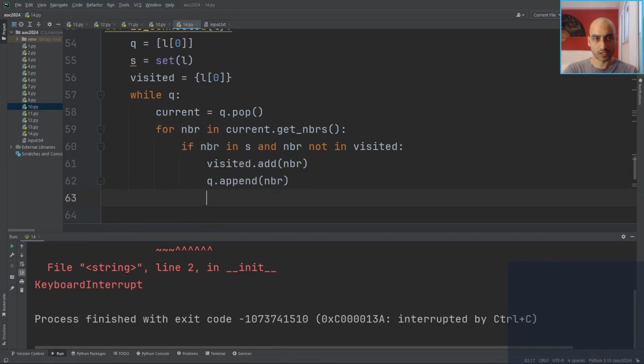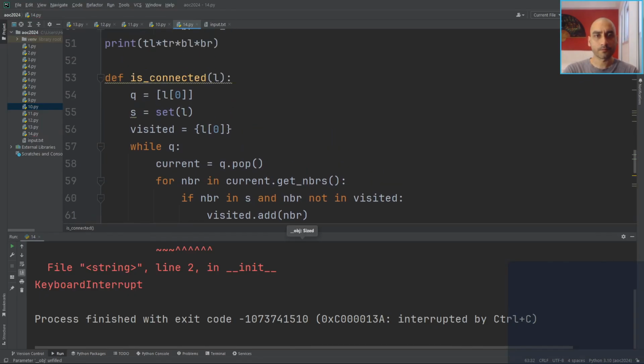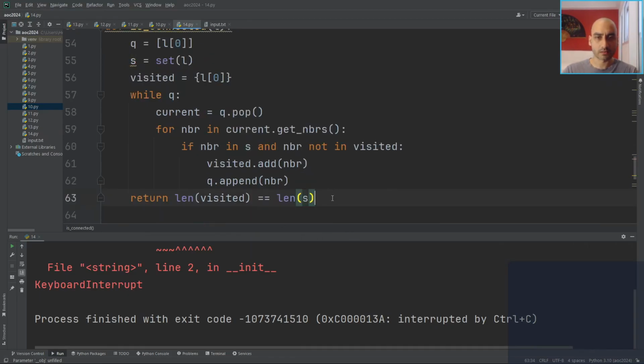and the idea is return if the length of visited is equal to the length of S, then it should all be connected. We might want to relax that condition if there's a gap for the branch or something, I don't know.